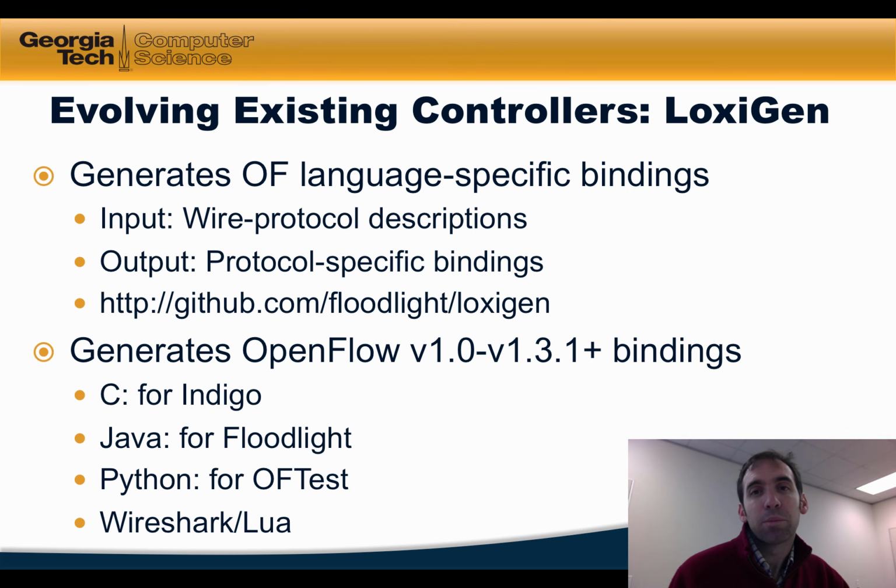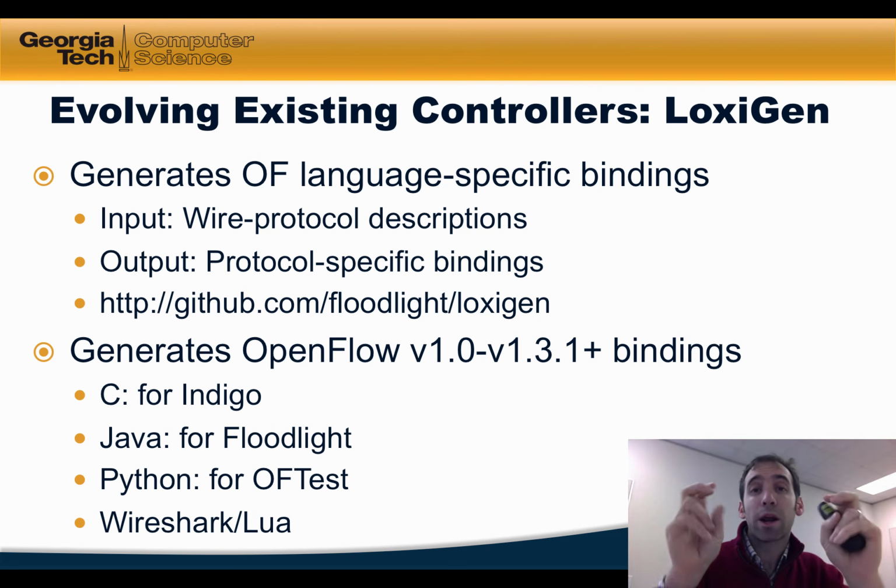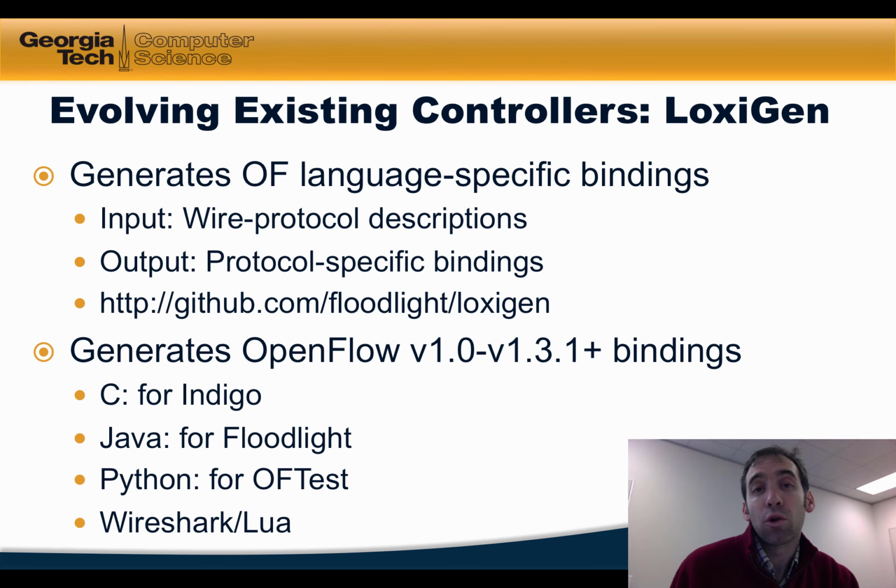In theory, one of the appeals of LOXIGEN is that it should support the evolvability of many different controllers. As the OpenFlow wire protocol continues to evolve, in theory, one can simply use LOXIGEN to upgrade the version of the OpenFlow protocol that the controller supports.